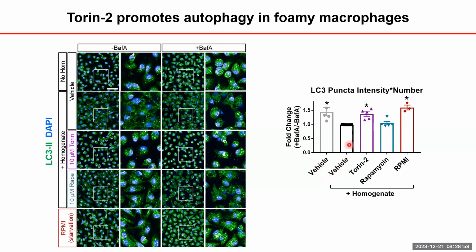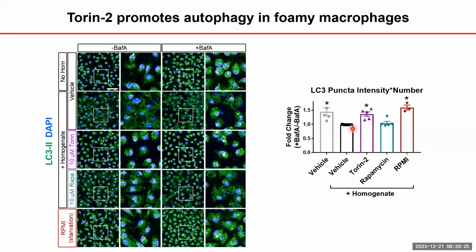And so if you add homogenate, right, so without the homogenate, you have a certain level of autophagy. You can see that with adding bafilomycin A, there is accumulation of the LC3 puncta, indicating the accumulation of autophagosomes here.